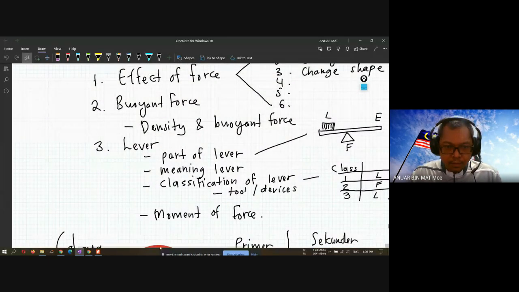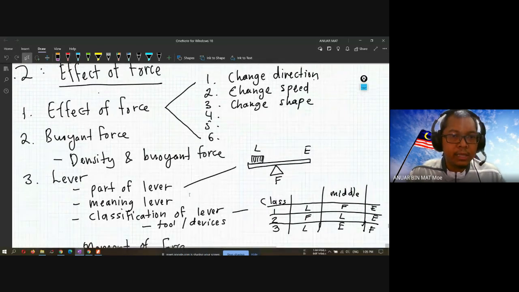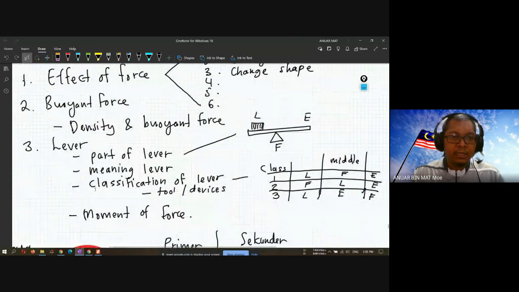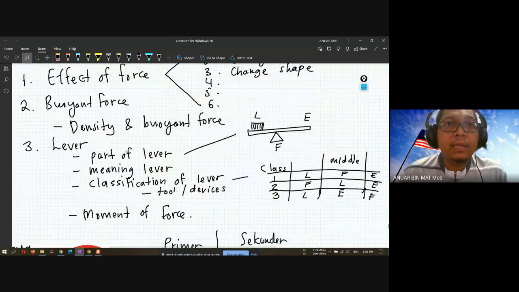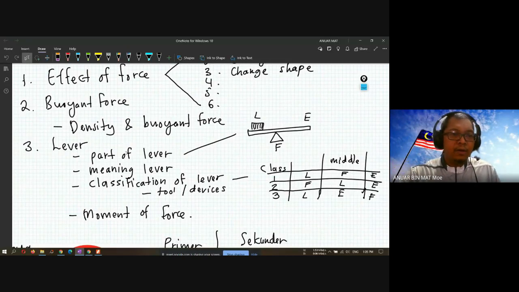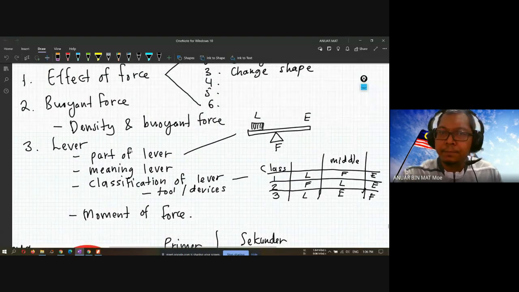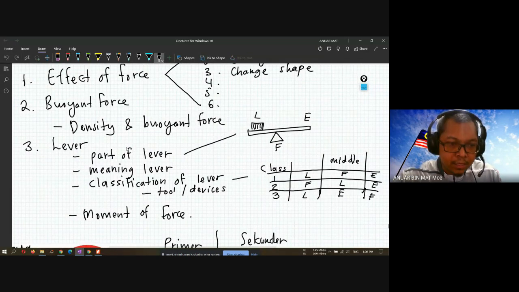If you look at the picture here, in lever, we already finished part of lever, meaning of the lever, and then classification of lever, moment of force, and pressure, right? So if I can write here, the next one is pressure. Okay, pressure.